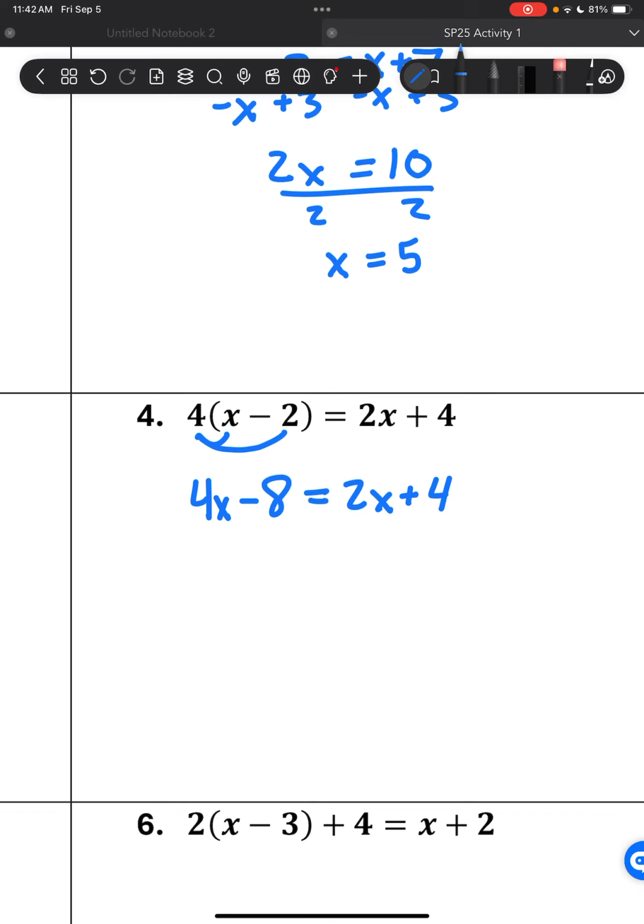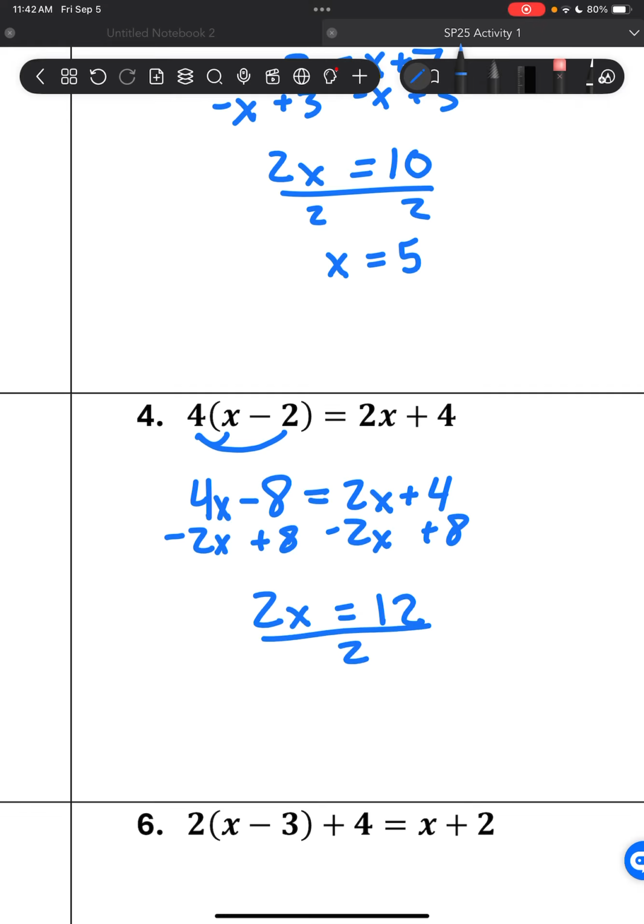Then we're going to get rid of this 2x over here first, right? That's giving us 2x. Then we're going to add 8 to both sides here. Then we are given 12 divided by 2, x equals 6.